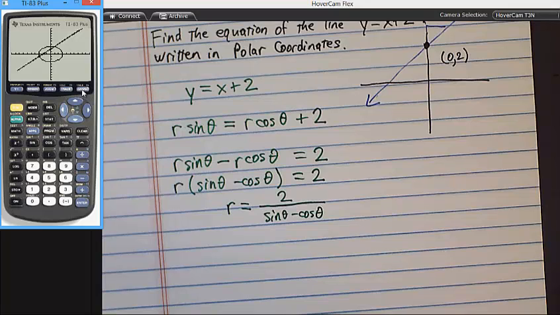So each little piece of graph paper is a rectangle. If you want to fix it so it really looks like a circle, you could do that by hitting zoom square, and that'll make sure that all the graph paper are squares, and now it'll look more like a real circle. You guys see that? So that's kind of nice. Okay.